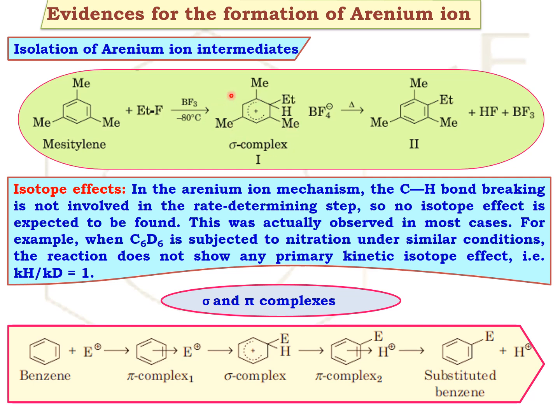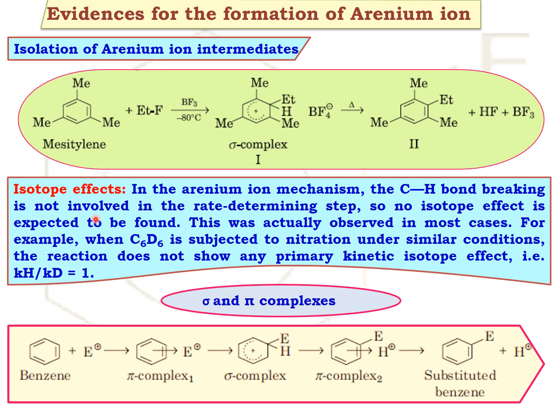This sigma complex was isolated, and on further heating, it gives an electrophile substituted product. So this arenium ion was easily isolated. This is number one evidence for the formation of arenium ion.